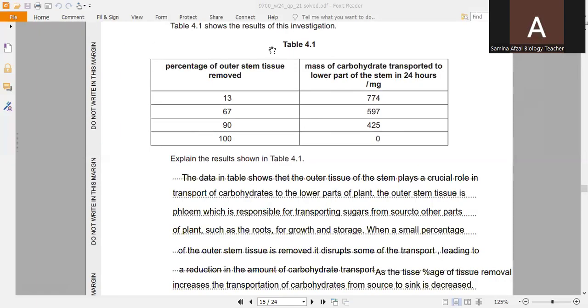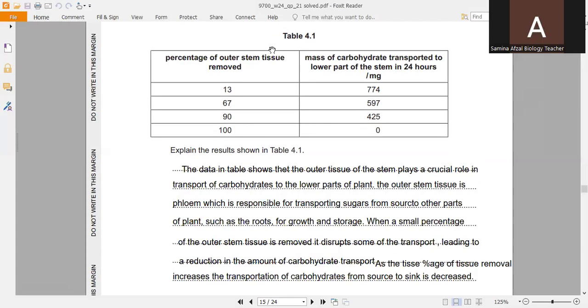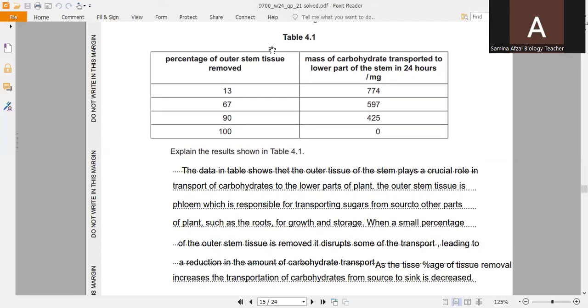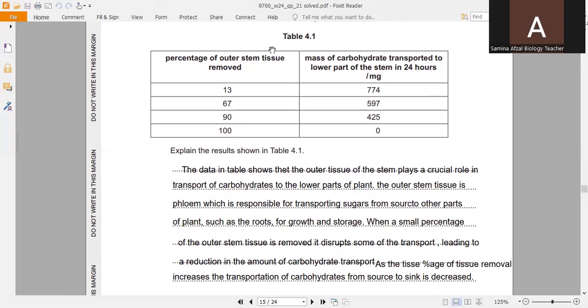So here you can see when 13%, so this is the percentage, when 13% was removed from the outer stem tissue, the mass of carbohydrates which were transported to lower parts of the stem in 24 hours, you can see over here, was 774.